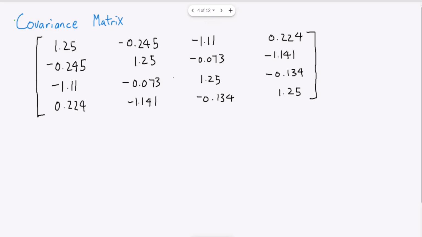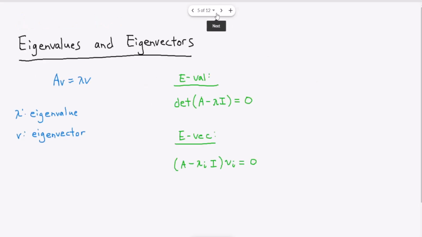Just as a refresher, when we calculate eigenvalues and eigenvectors, we use Av = λv, where λ is your eigenvalue and v is your eigenvector. So what does this mean? Well, you notice the v's on both sides.